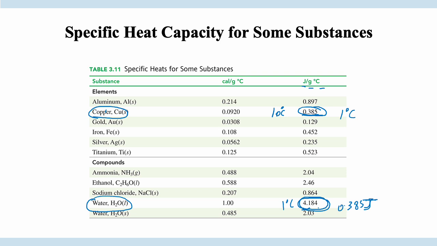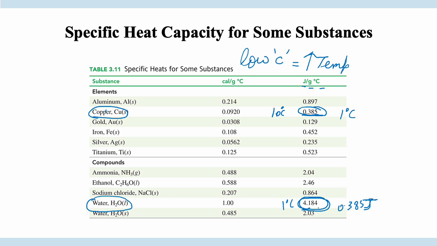Substances or elements that have a low specific heat capacity, their temperature will increase faster. If they have a high heat capacity like water, then the temperature will increase slowly.